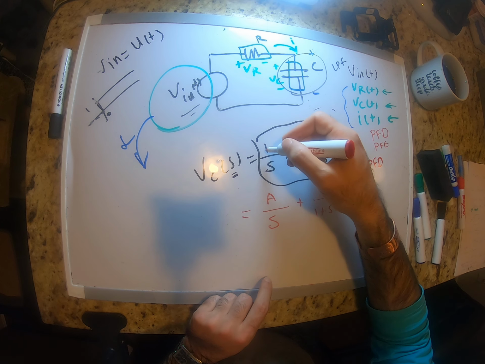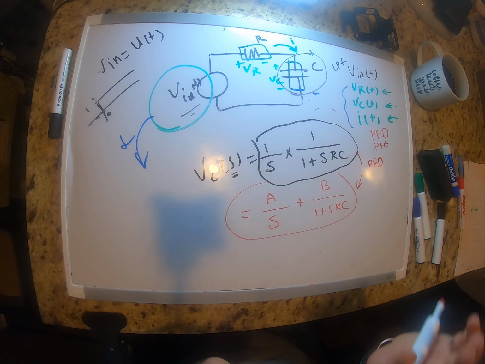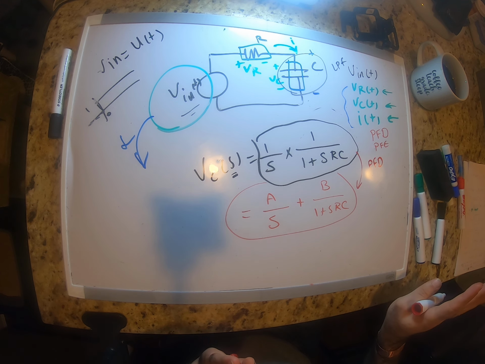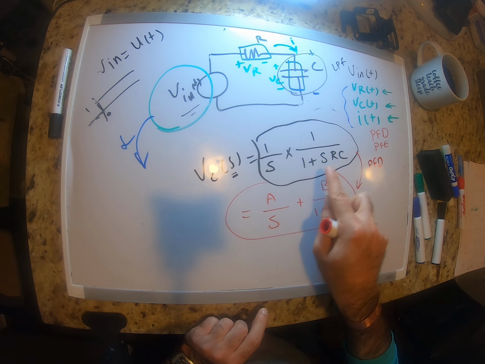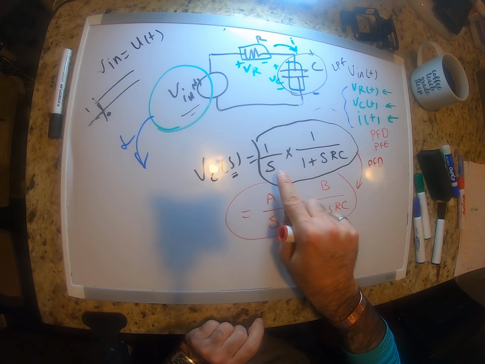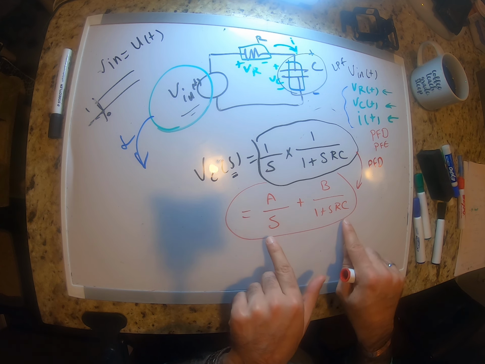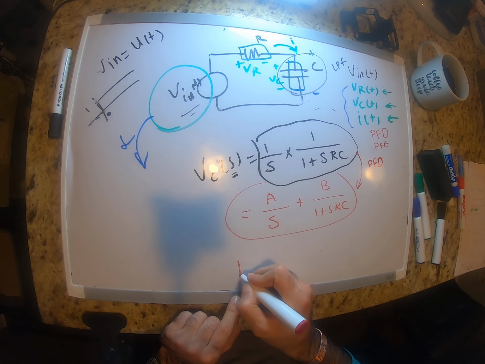Okay, so this term and this term are supposed to be equal. Their denominators are of course equal, because the denominator here is S times 1 plus SRC, and it's the same thing here. The numerator for the first one is 1.